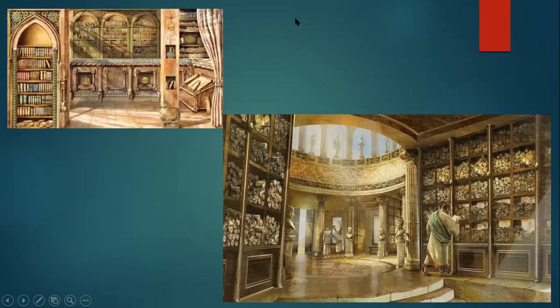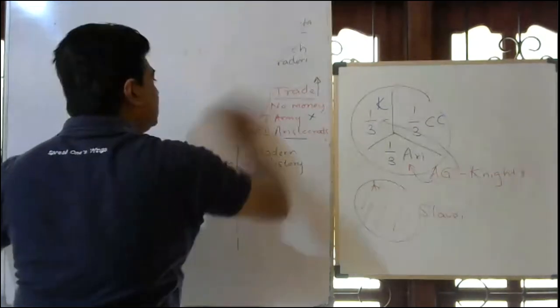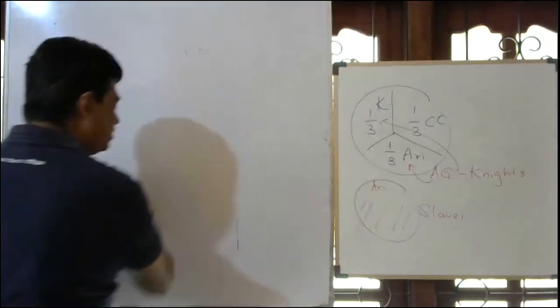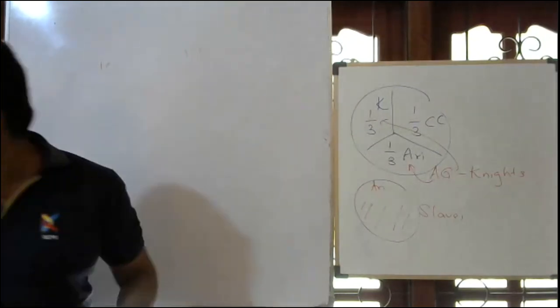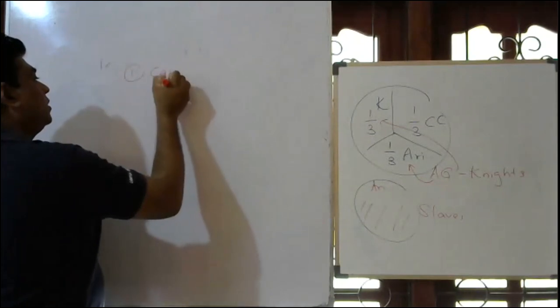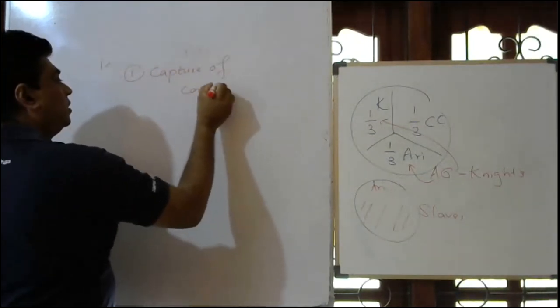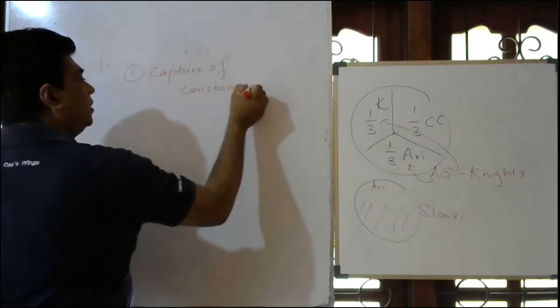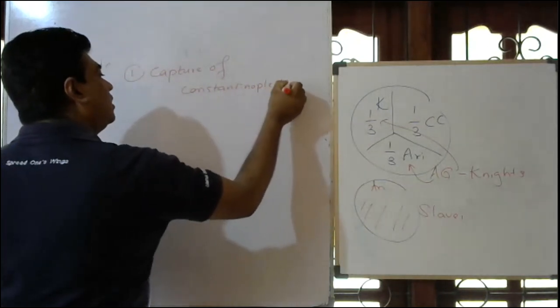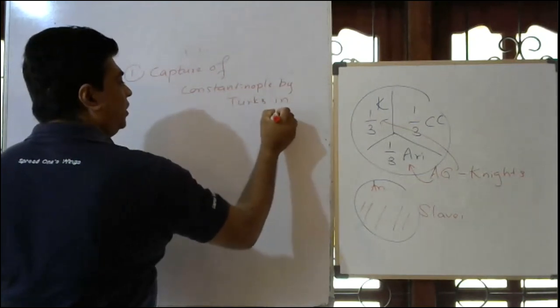Now see, these are the reasons. When we take the reasons for the Renaissance, what is the major reason? The major reason is the capture of Constantinople by Turks in 1453.